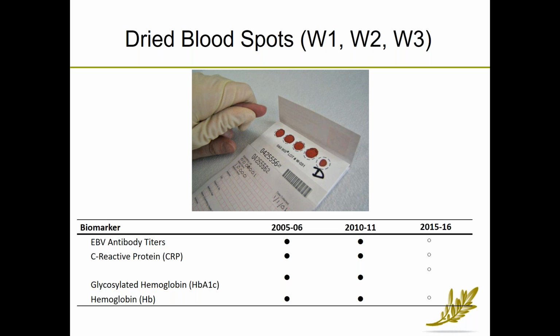And lastly, we also assay hemoglobin, which is the amount of oxygen carrying molecule within red blood cells that is necessary for interpreting the hemoglobin A1C, but also allows us to do studies of anemia in older adults as well.